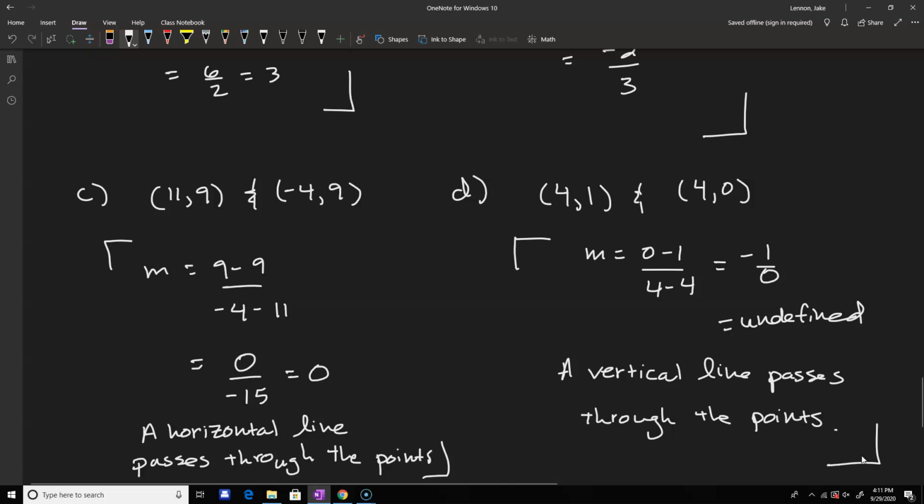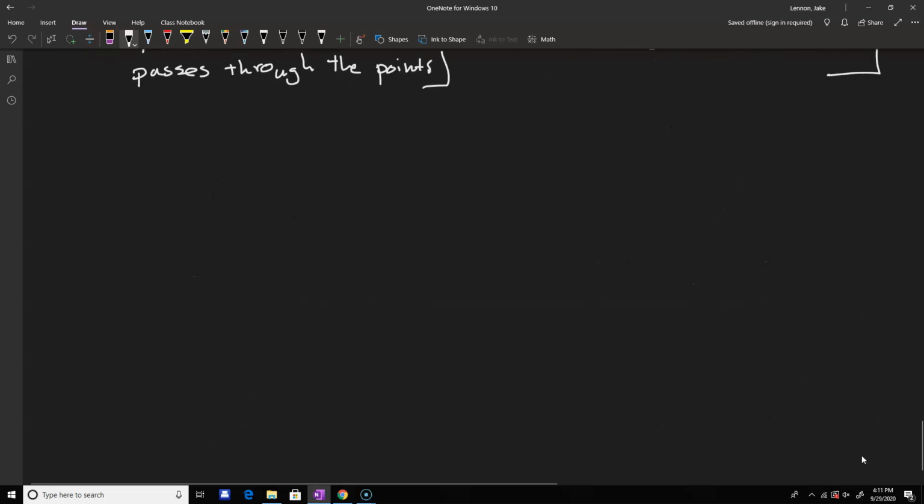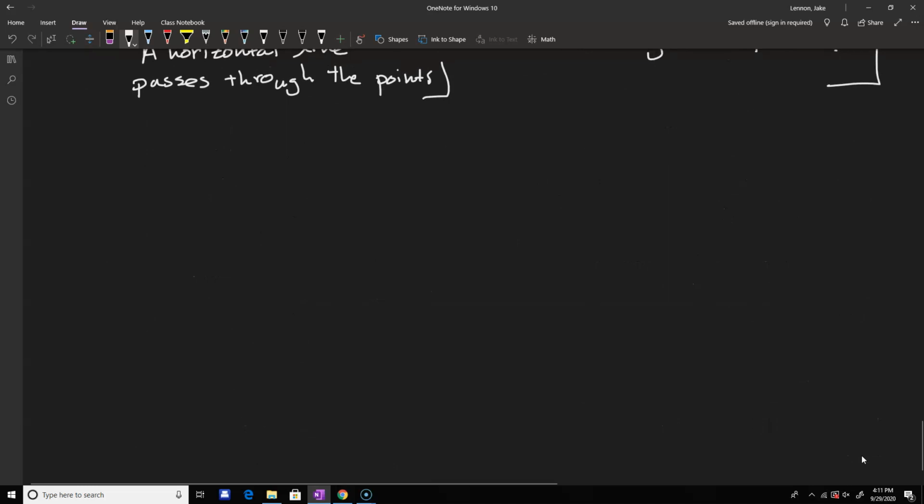All right, so now let's say we want to be able to find the equation of a line that passes through those 2 points. If we can find the slope, we should be able to do that. So let's go ahead and jump right in.